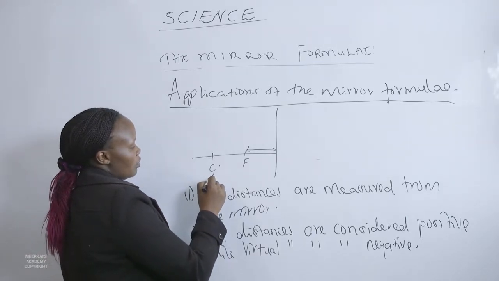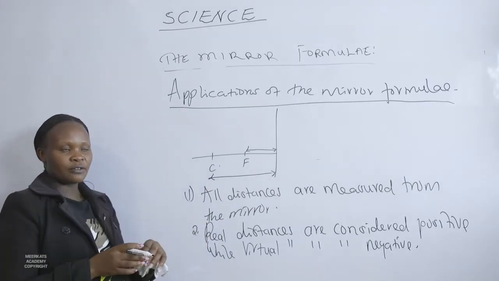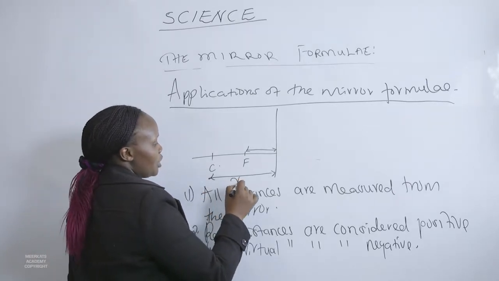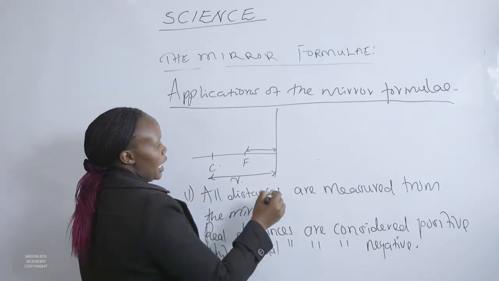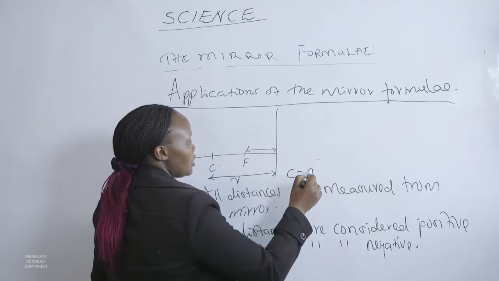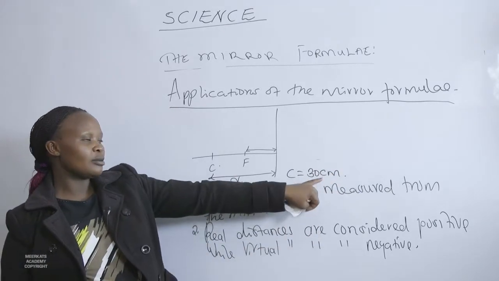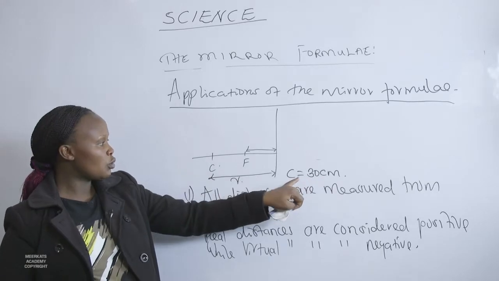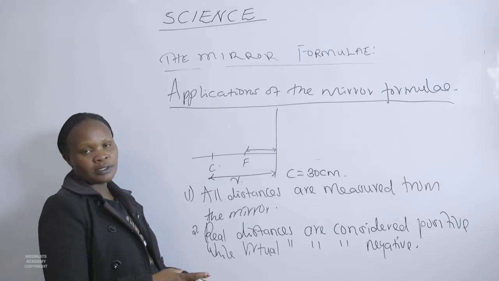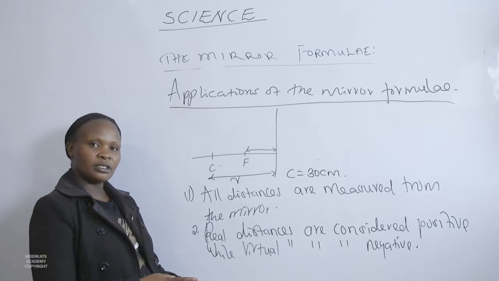If we want the radius of curvature, we have to measure it from the reflecting surface. So that now, if we talk about our C being equal to 30 centimeters, it means that it's 30 centimeters from the mirror to the center of curvature of the reflecting surface. Every distance has to be measured from the reflecting surface.